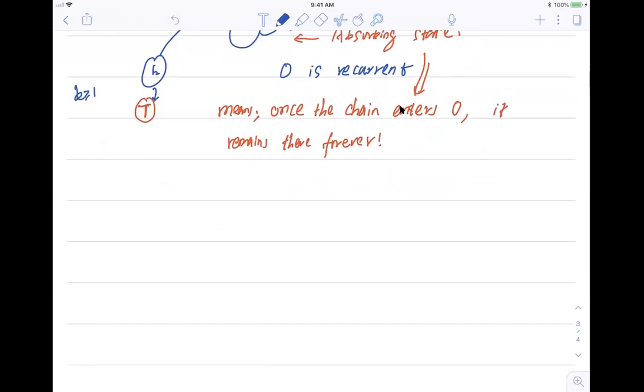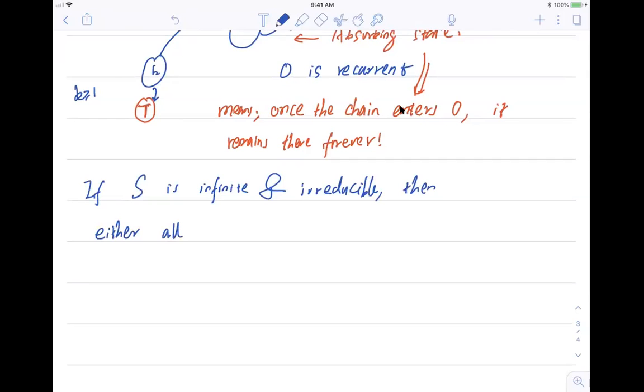If S is infinite and also irreducible, then either all states are recurrent or all states are transient.